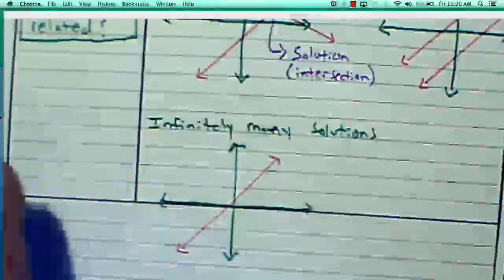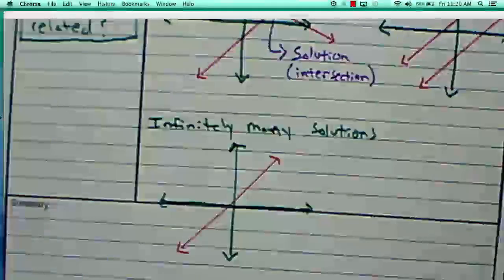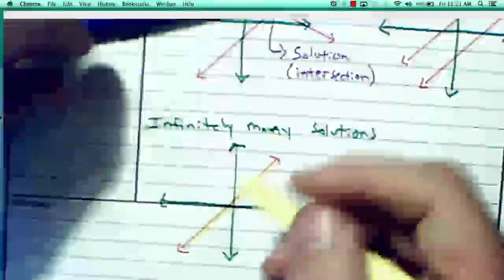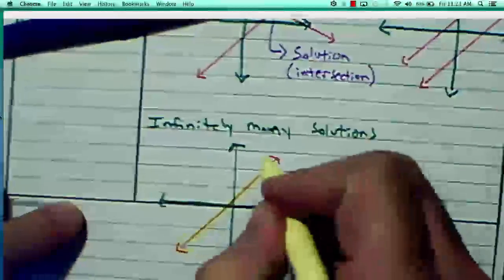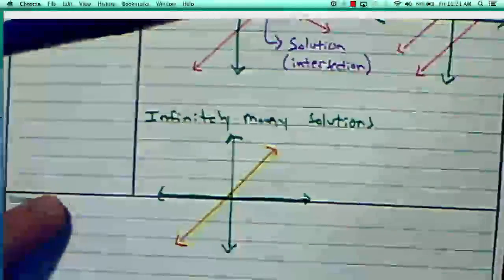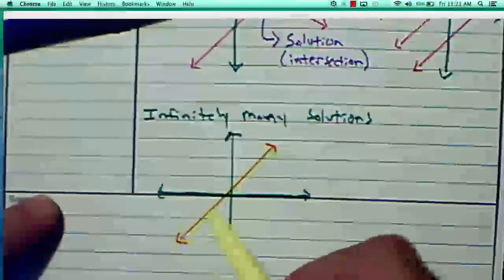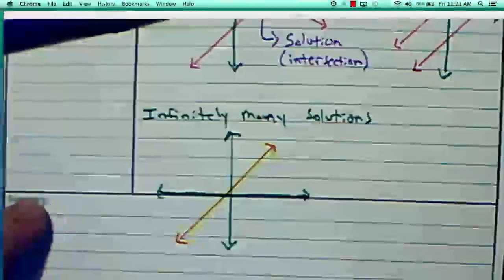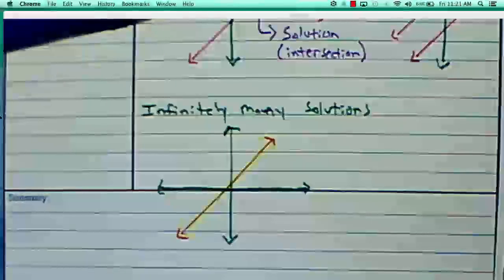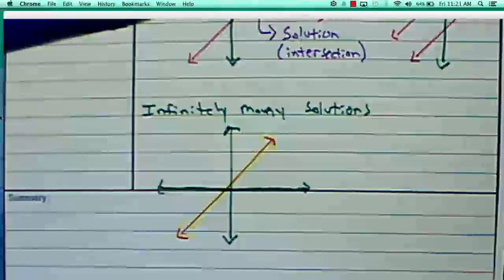And then I draw a second line that is right directly on top of that first line. So in this case, the yellow highlighted line and the red line are right on top of each other. They have infinitely many points of intersection.